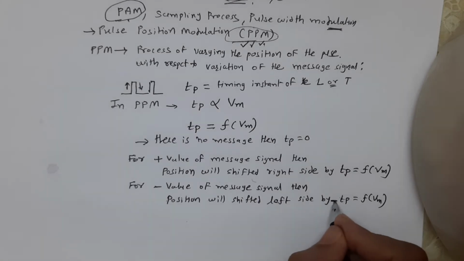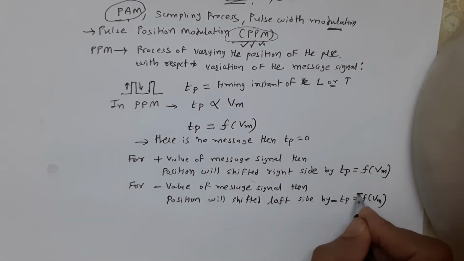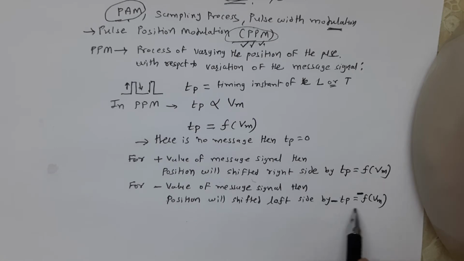That means here we write a negative sign: negative Tp is equal to function of Vm negative.